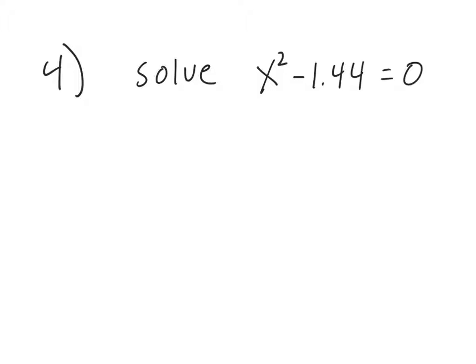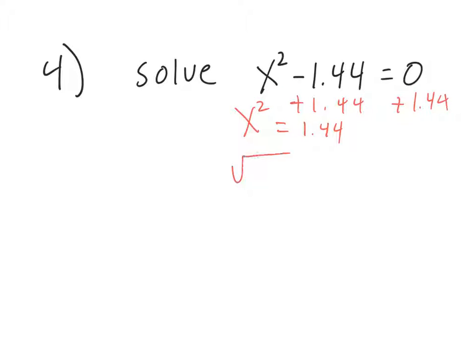On number 4, I'm solving the quadratic x squared minus 1.44 equals 0. So to start that, I'm going to go ahead and add 1.44 to both sides. And we'll get x squared equals 1.44.